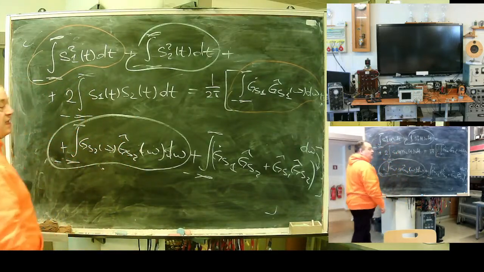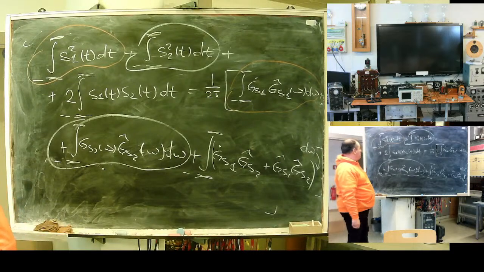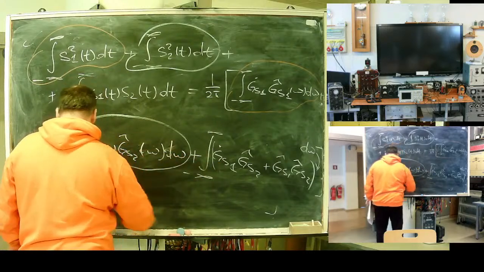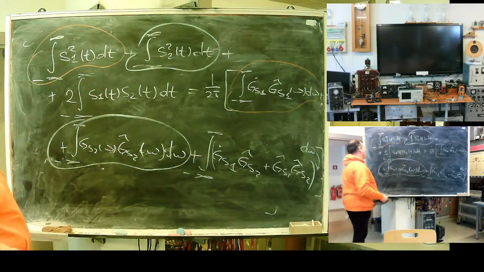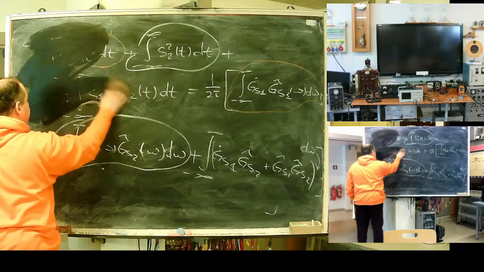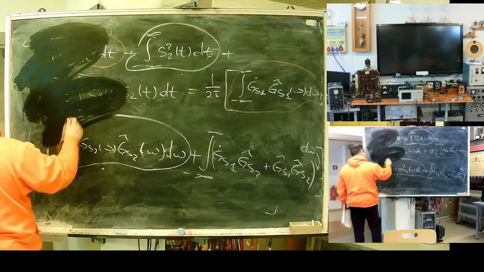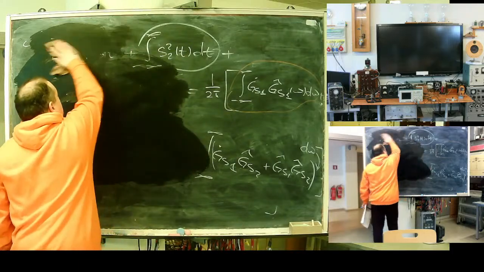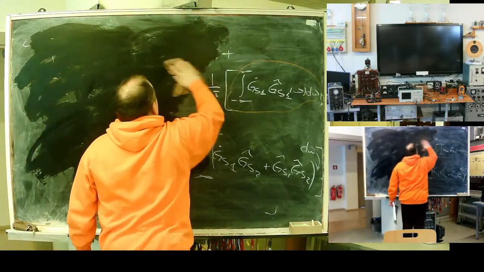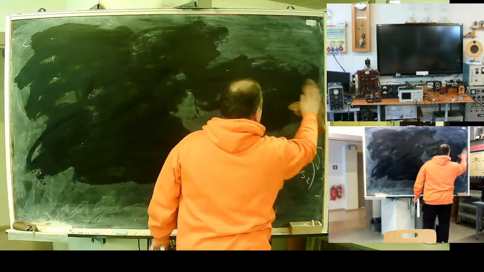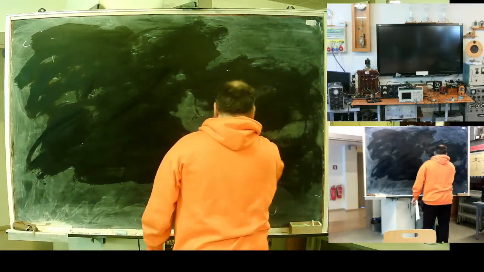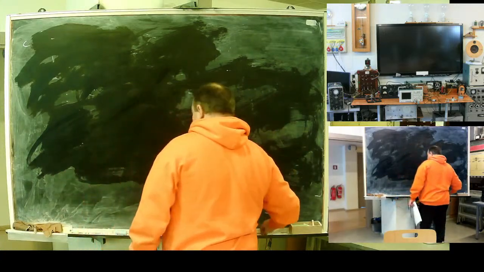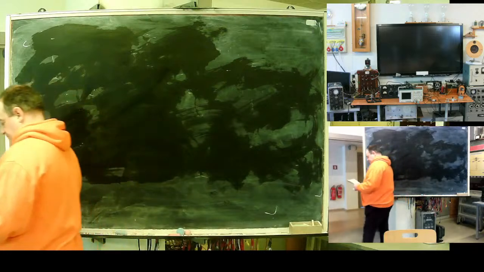And they are equal because it's the Parseval theorem. So this one and this one are equal. And I can write what is called the Rayleigh theorem, or the theorem of interference.